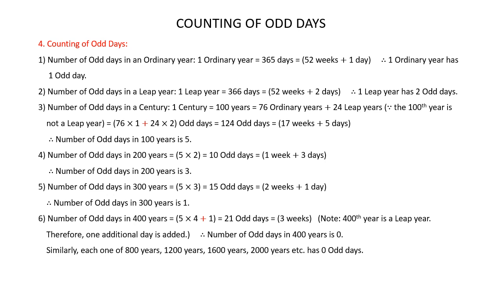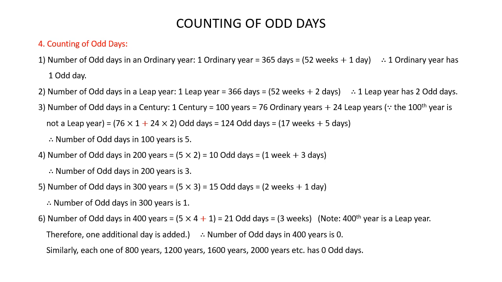So number of odd days in 400 years would be 5 multiplied by 4 plus 1, which is 21 odd days. 21 divided by 7 would give us the quotient as 3 and remainder as 0. So we have 3 weeks and number of odd days is 0. So number of odd days in 400 years is 0.